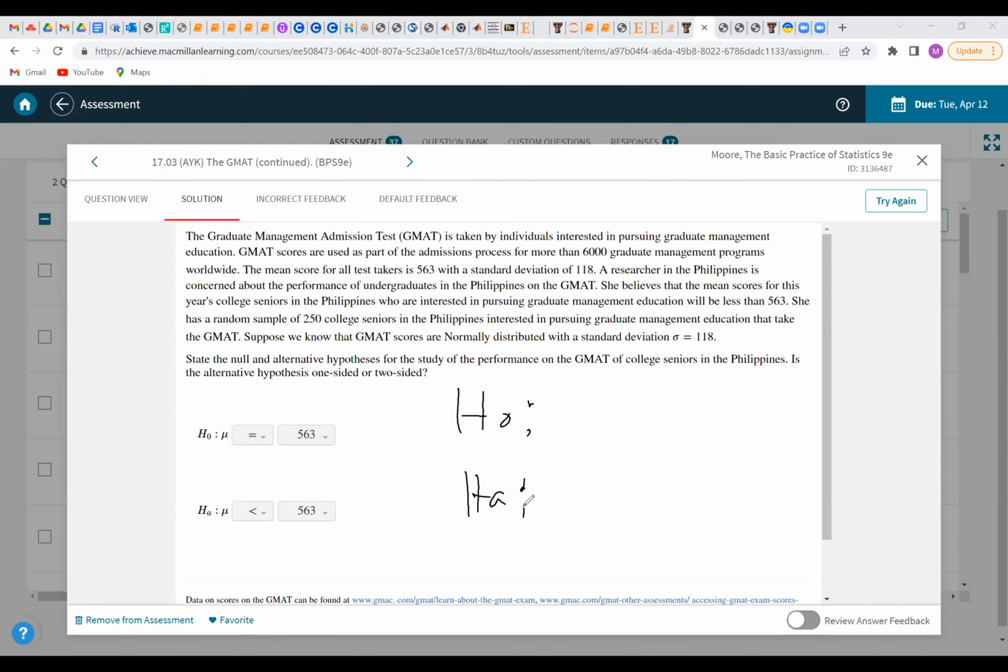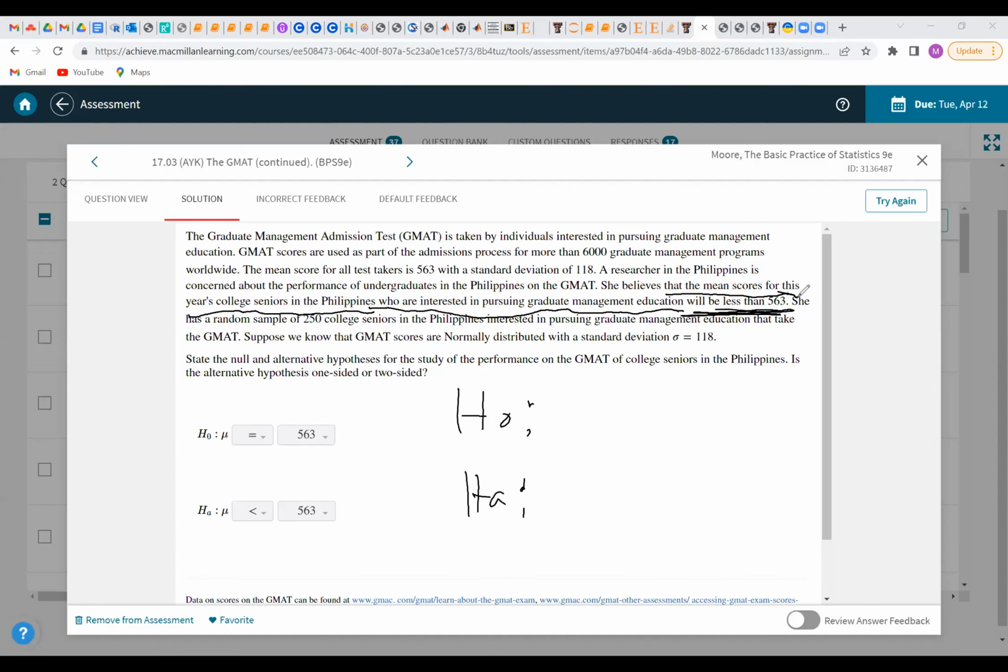So how do you determine null and alternative? What do we want to test here? We want to test whether the mean score for this year's college seniors in the Philippines who are interested in pursuing graduate management education is less than 563.